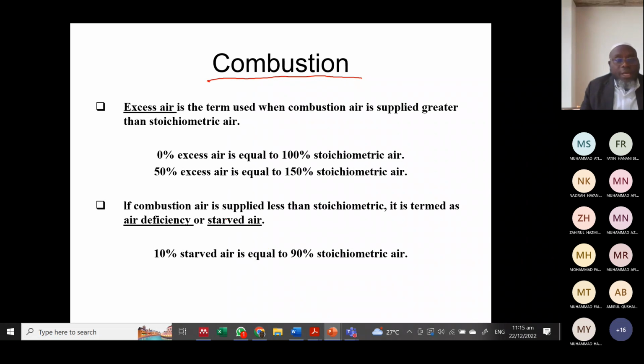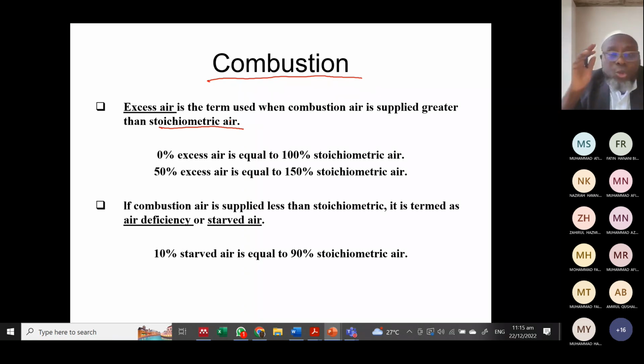Like I've told you, excess air is the term used when the combustion air supplied is greater than the stoichiometric air. So what do we mean by stoichiometric? Stoichiometric is the exact amount of air which is necessary for a complete combustion.